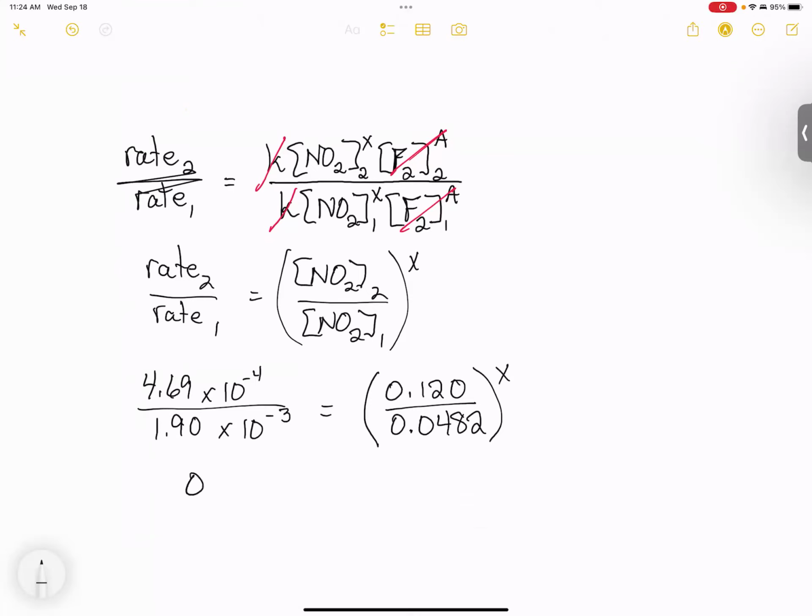So you get 0.247 is equal to 2.489 or 2.5 basically raised to some power.